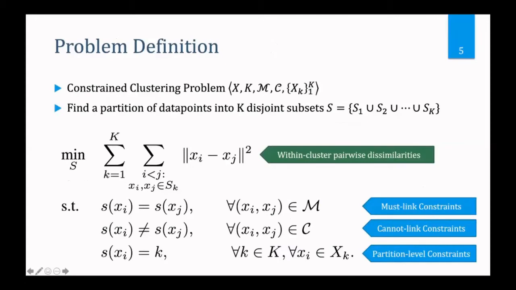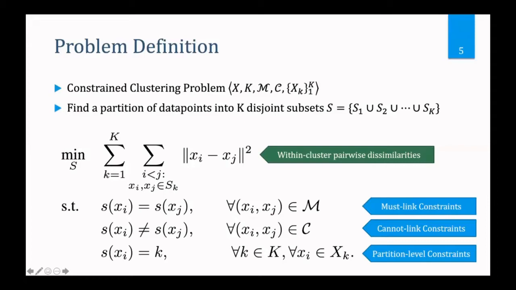Now, I will formally define the problem. A constrained clustering problem consists of a set of data points X, the number of clusters k, a set of must-link constraints M, a set of cannot-link constraints C, and k sets of partition-level constraints that correspond to the k clusters.